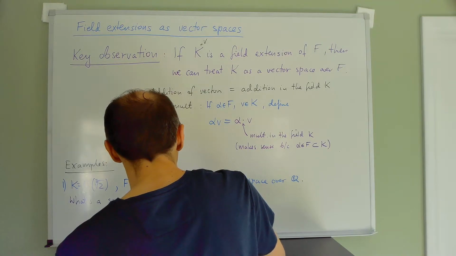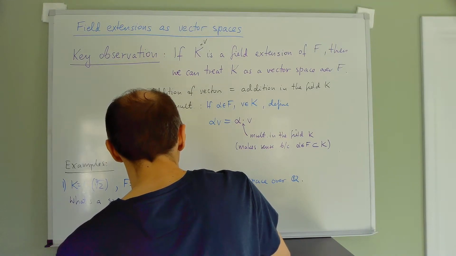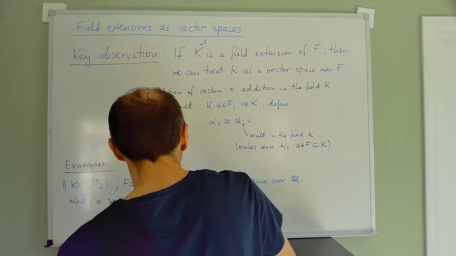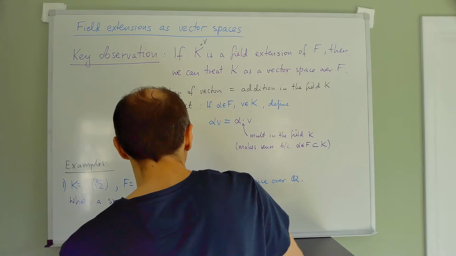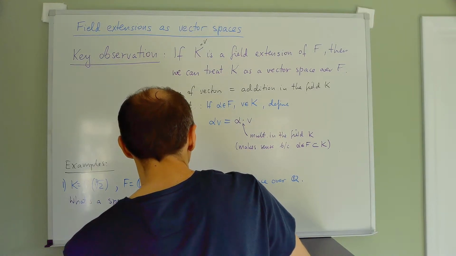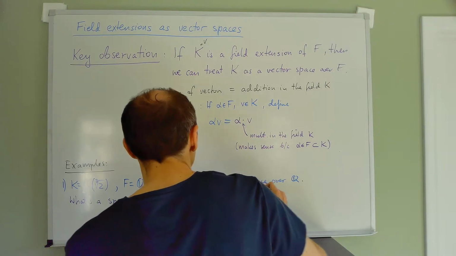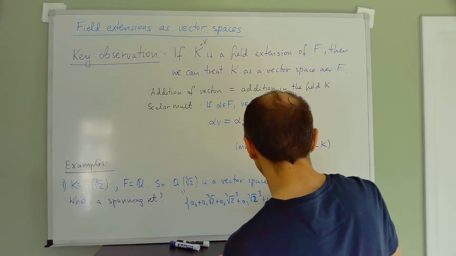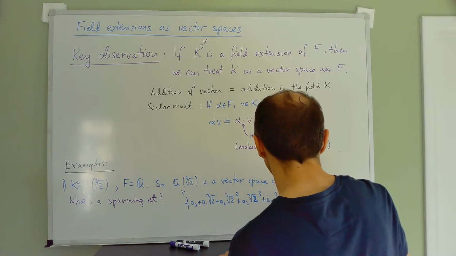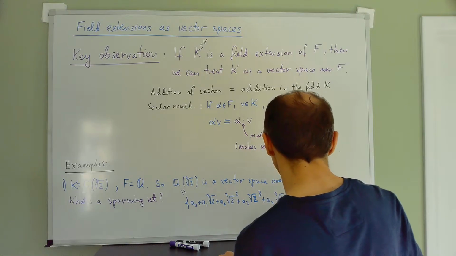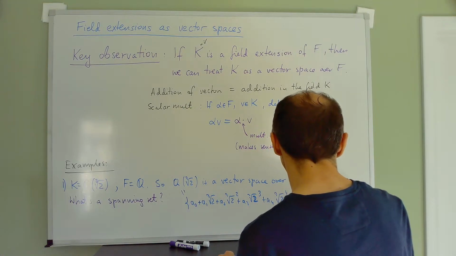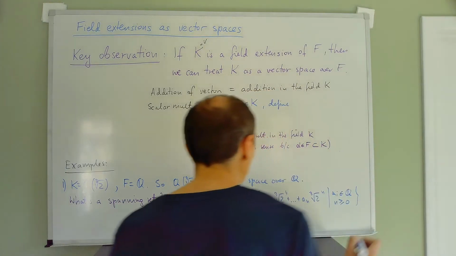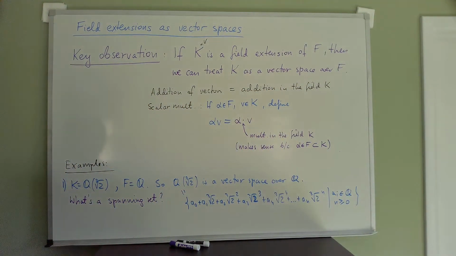They look like a0 plus a1 cube root of 2 plus a2 cube root of 2 squared plus a3 cube root of 2 cubed plus a4 cube root of 2 to the 4th plus dot dot dot plus an cube root of 2 to the n, where all the ai's are in Q and n is any non-negative integer.